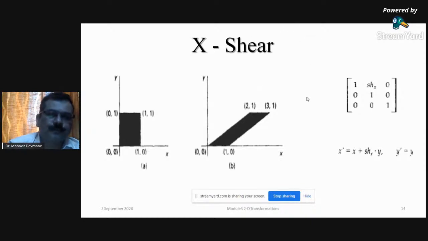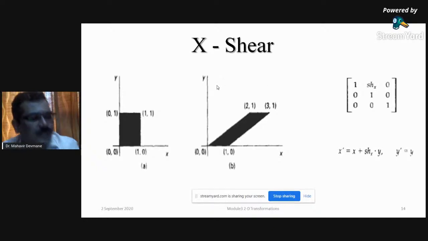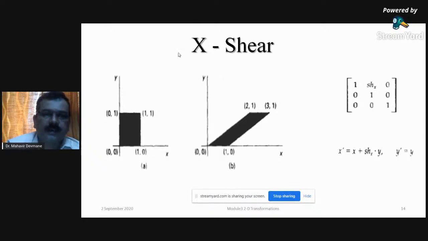So what actually happens is the shape of that particular object is distorted. Correct? Previously it was a rectangle, now the shape is totally distorted. Okay, so we get something like this. So the bottom portion remains same.